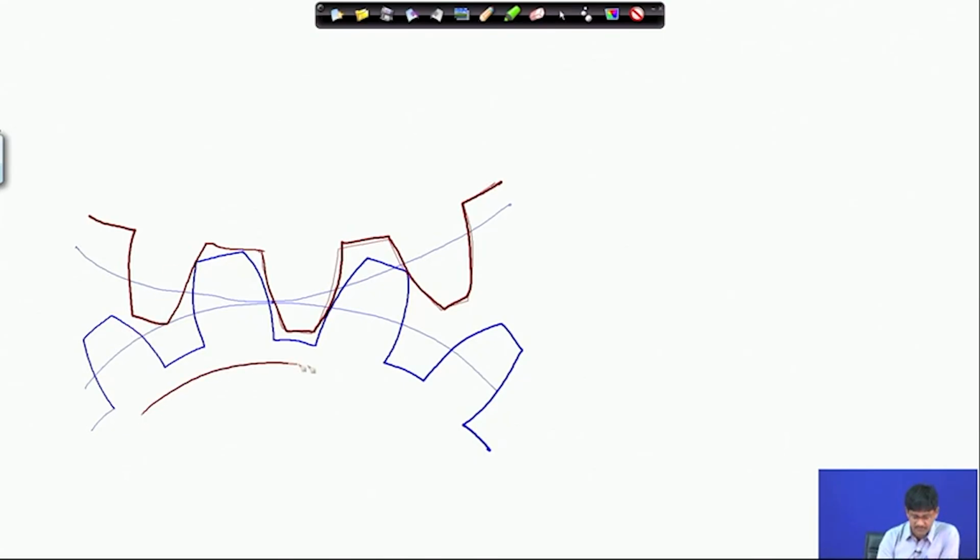If this gear is rotating, the other gear is made to rotate.